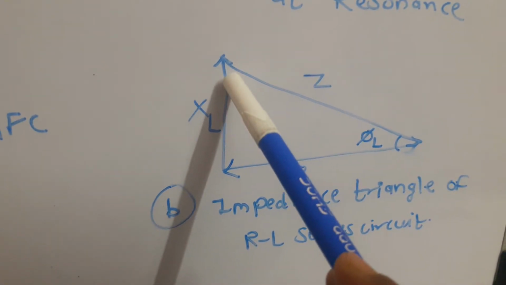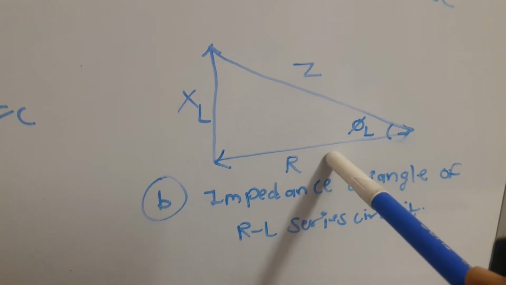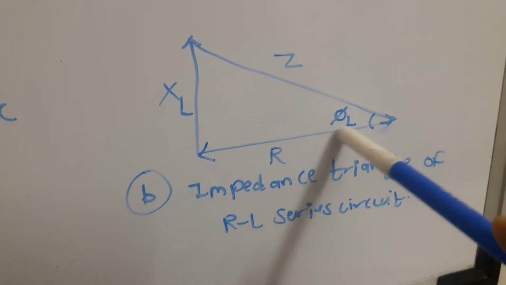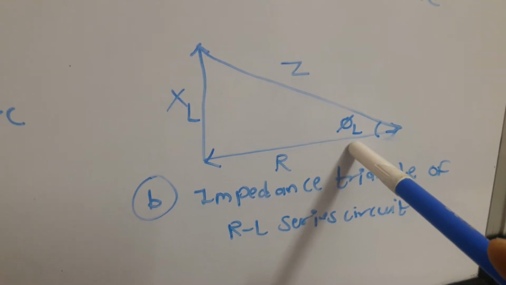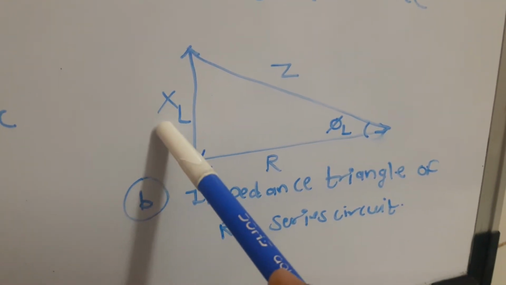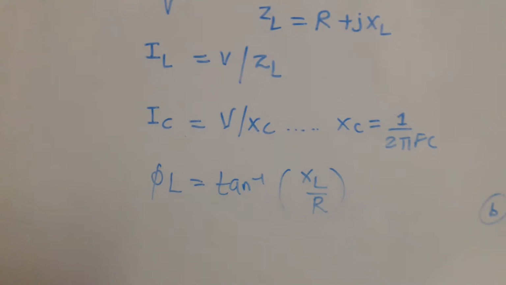Inductive reactance XL is shown as a vertical line and resistance is shown as a horizontal line. The angle is phi L. From this diagram we can calculate phi L as tan inverse of XL by R.